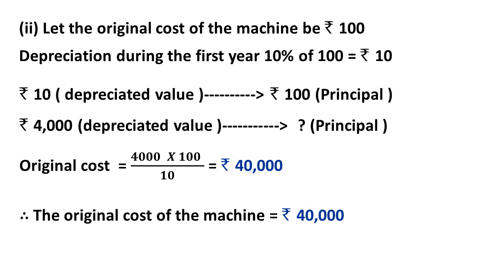Sub question 3, we need to find out its cost at the end of the third year. Now we know the original cost of machine is 40,000. Depreciated value at the end of the first year is 4,000 and depreciated value at the end of the second year is 3,600. But to know the value of the cost of the machine at the end of the third year, we should obtain what is the depreciated value of the third year.